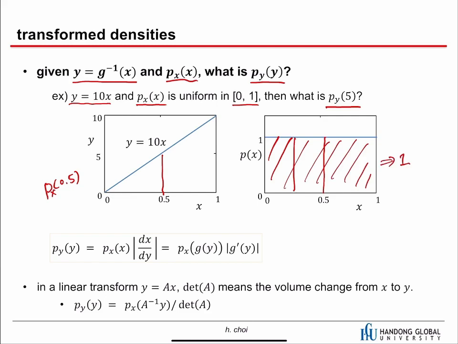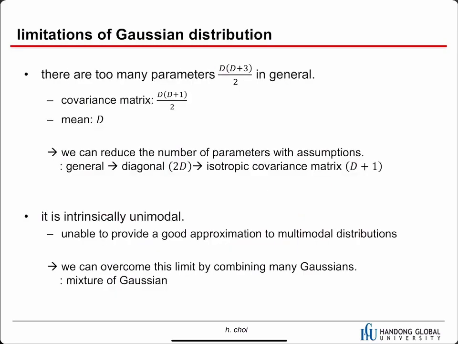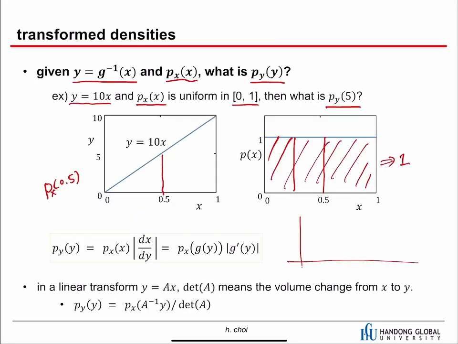Then how about y? Since the transformation is just about scale, we can see that y goes from 0 to 10, because x goes from 0 to 1 and the transformation is multiplication by 10.